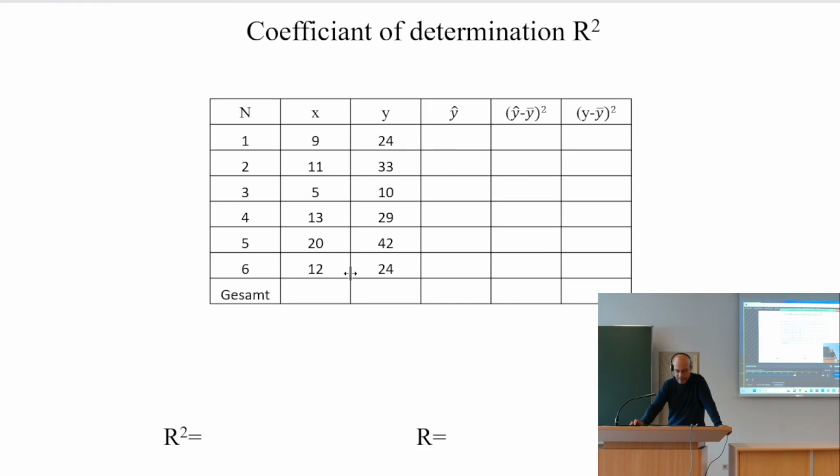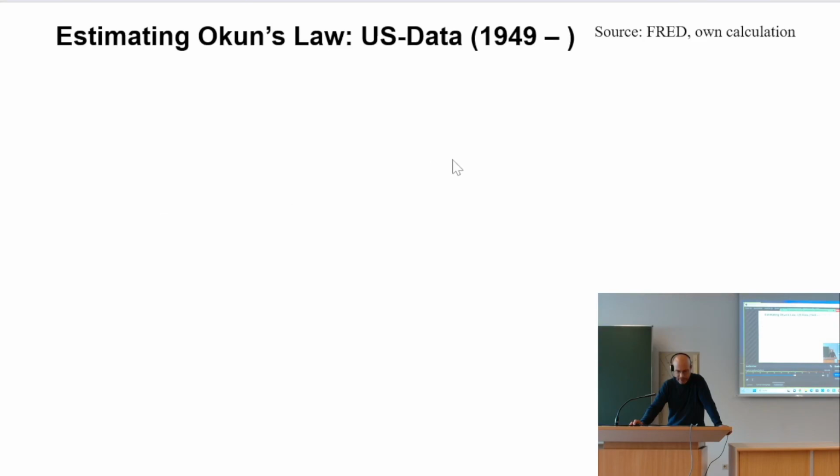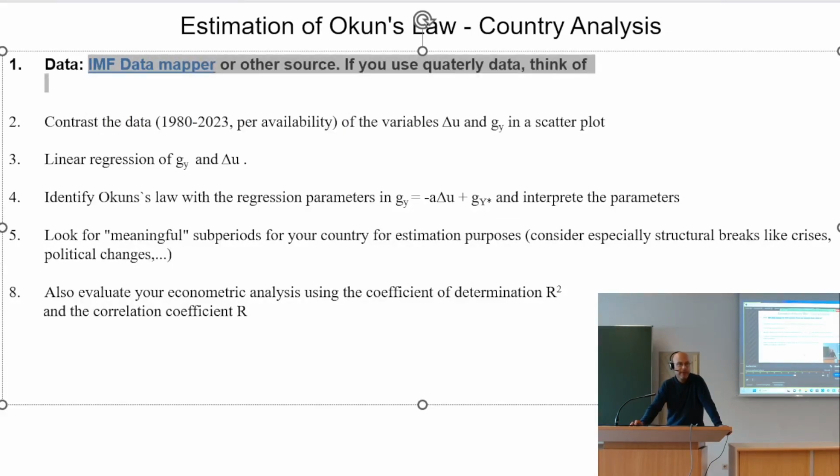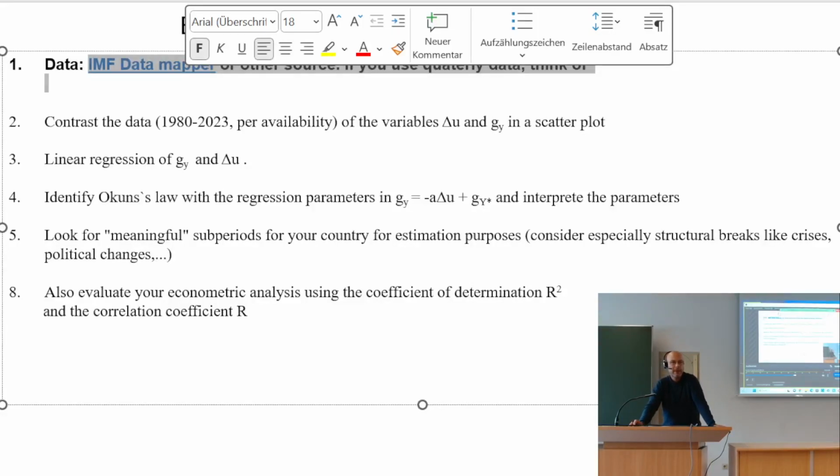Then we will just do the calculation for our example, and in the end I will give a short analysis of US data, and in order that you later on can also do it for your countries, I will do it with IMF data, which you can use in your term papers for Germany. And this analysis you could more or less redo then with the same IMF data for your countries.